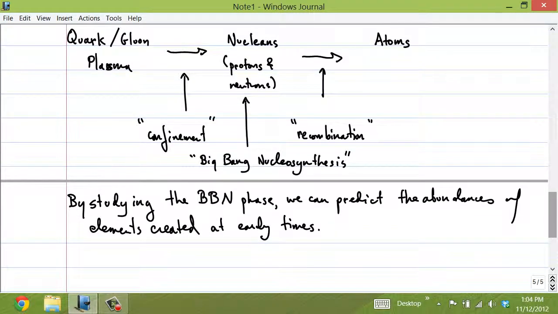So one other point that I should make is that before recombination, the universe was a soup of charged particles.